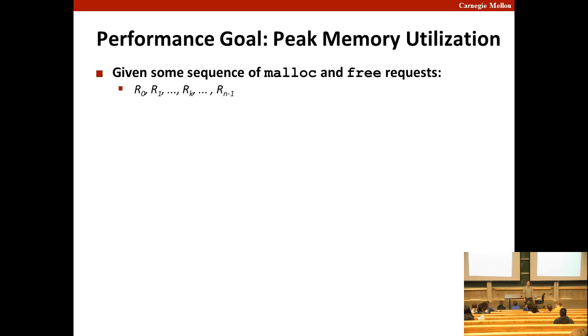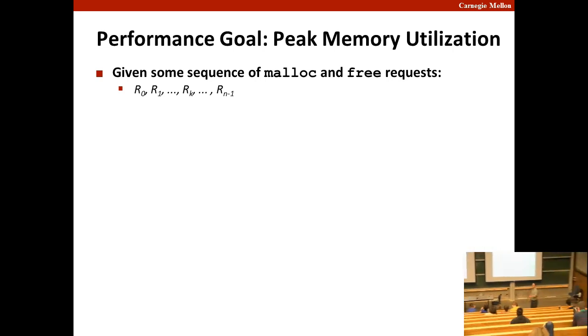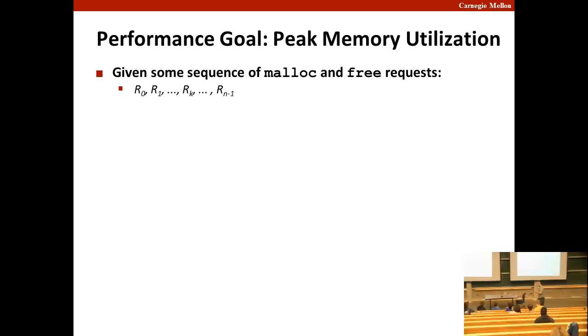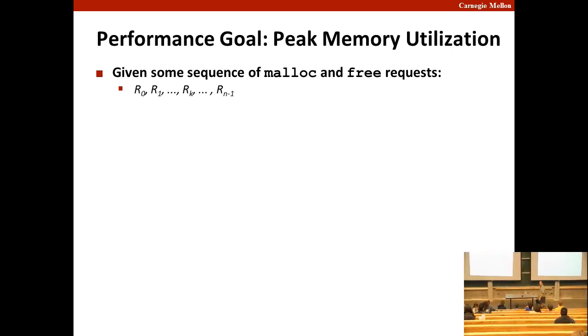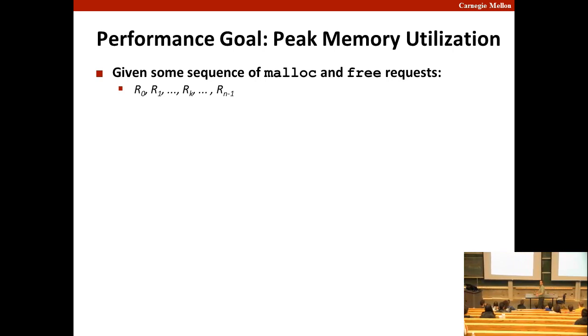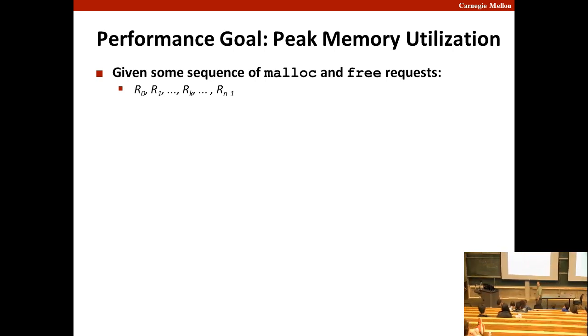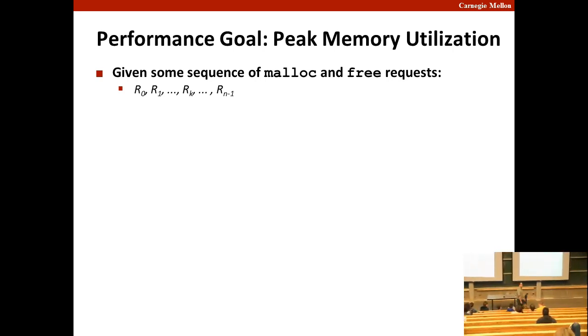But it could be used. So I might look at that and say, that tiny scrap of 10 bytes, that's wastage. No one's going to need 10 bytes. That's external fragmentation, right? And then, of course, I could be wrong because the next request could be for 8 bytes. Does that make sense?